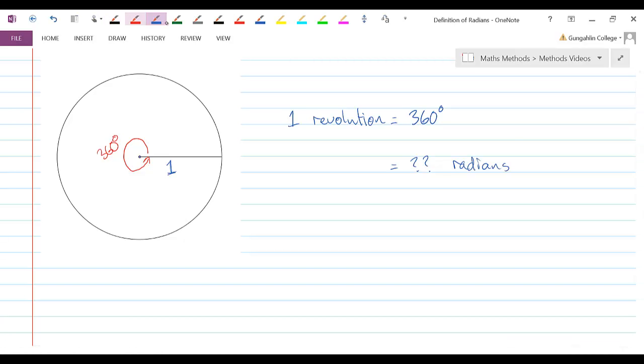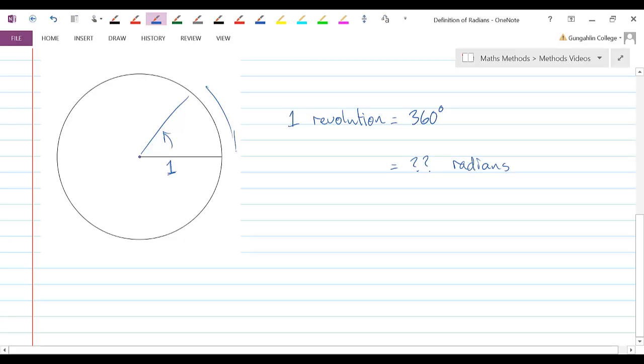We've already defined the radian as the size of the angle when we've walked 1 unit around the edge. So 1 radian is the angle at the center if we've walked 1 unit around the edge. But here, instead of walking 1 unit, we'll have walked the entire distance around the edge of the circle.